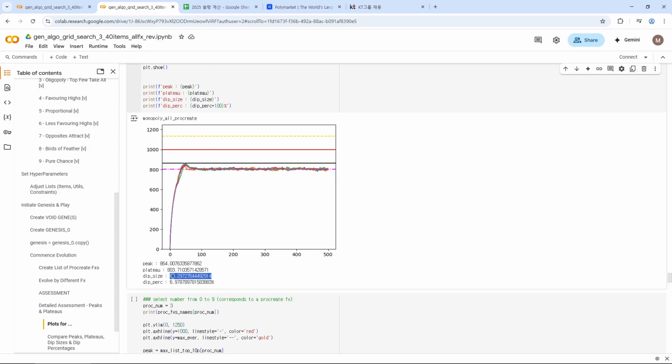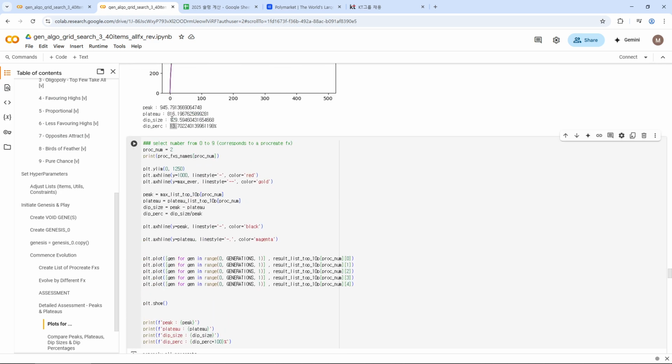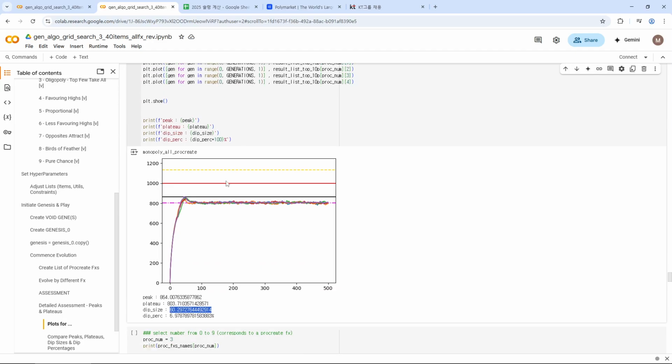Dip size is 66 as compared to 129, so one half that. And the percentage change dip is 6.9, so around 7%. But these dip size and dip percentage change are smaller because it didn't peak as high.